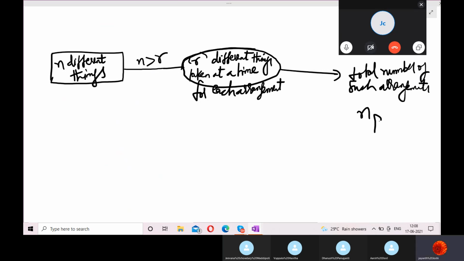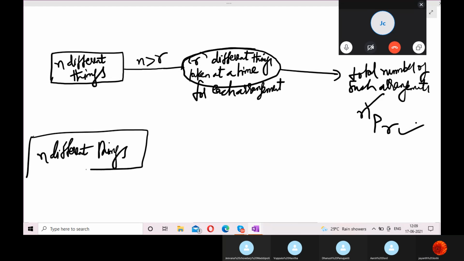Given is n, out of that you are arranging how many digits? 2 digits in our example. So you have n different things and you need to take r different things at a time for each arrangement. So 2 out of 3 numbers you are arranging, correct? Out of 3 numbers given you are making 2-digit numbers. So let's say here n different things and here there are r blank spaces.